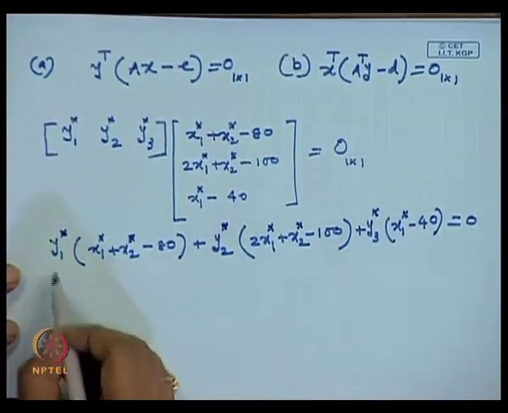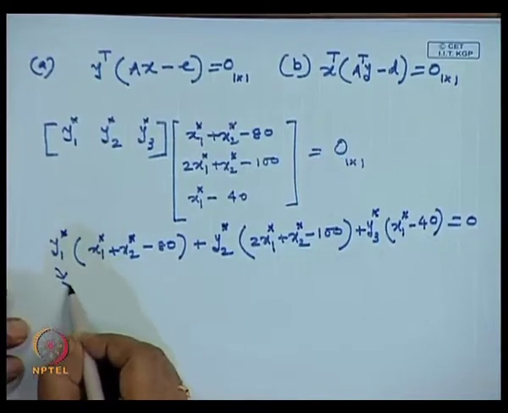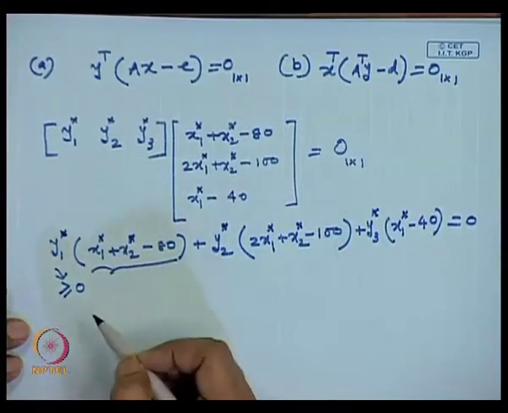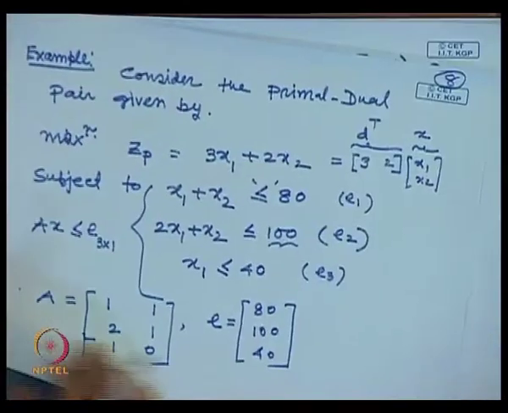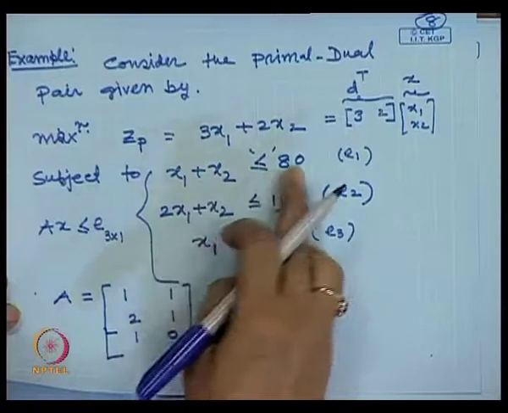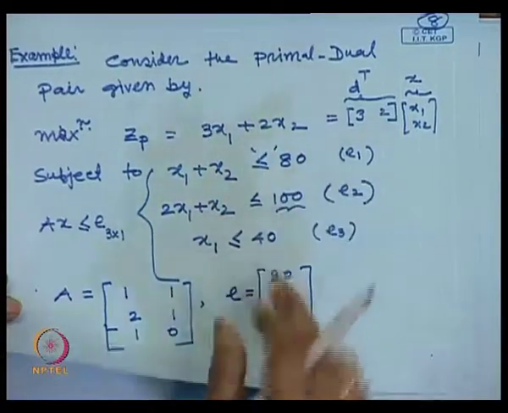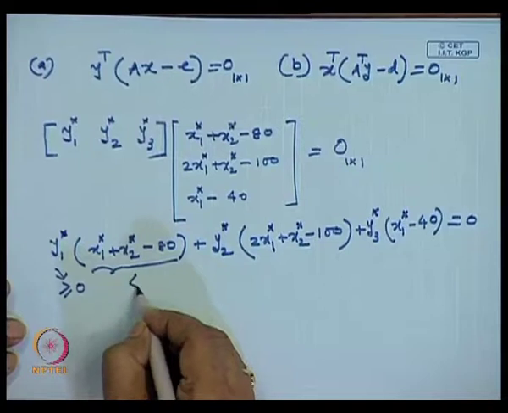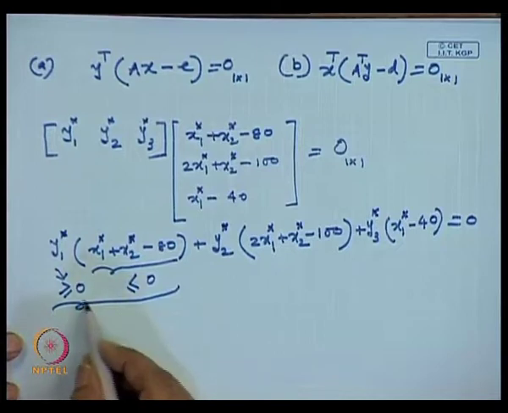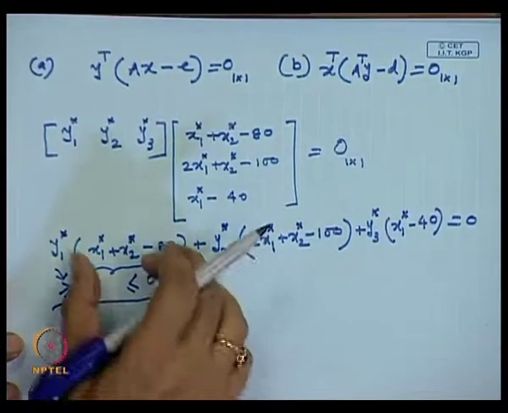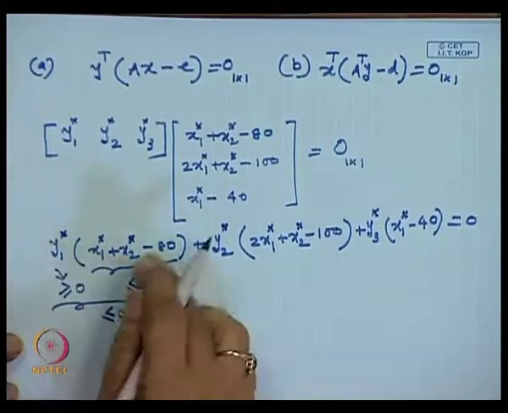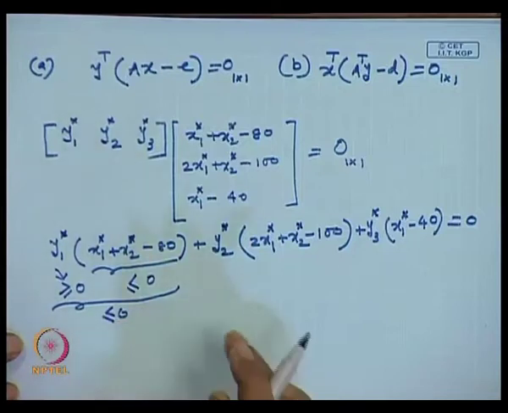Look at this expression, the y star value is what we expect, that value must be greater than or equal to 0. And what about these values? If you see from the inequality constraint of the primal problem, x 1 plus x 2 minus 80 is less than or equal to 0. So, this quantity is less than or equal to 0. What is the resultant of this one? Tell me, y is greater than or equal to 0, and this quantity is less than or equal to 0. So the product of this one is less than or equal to 0.